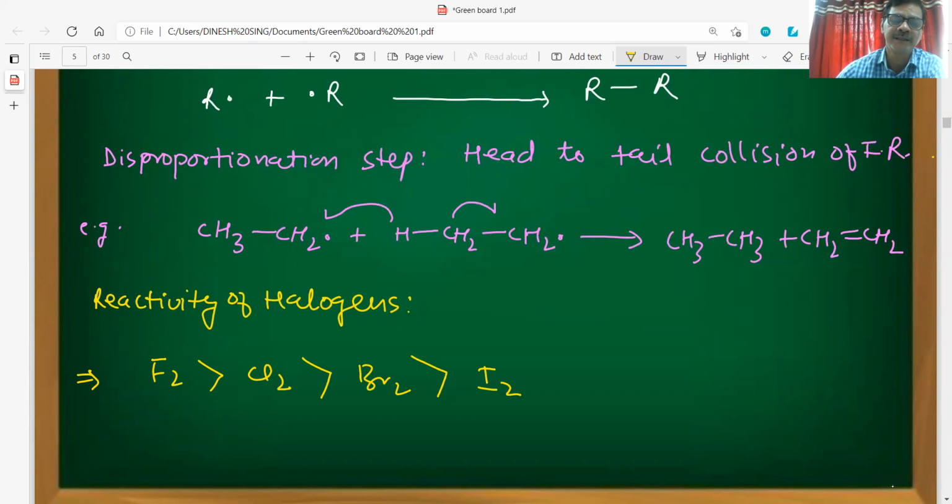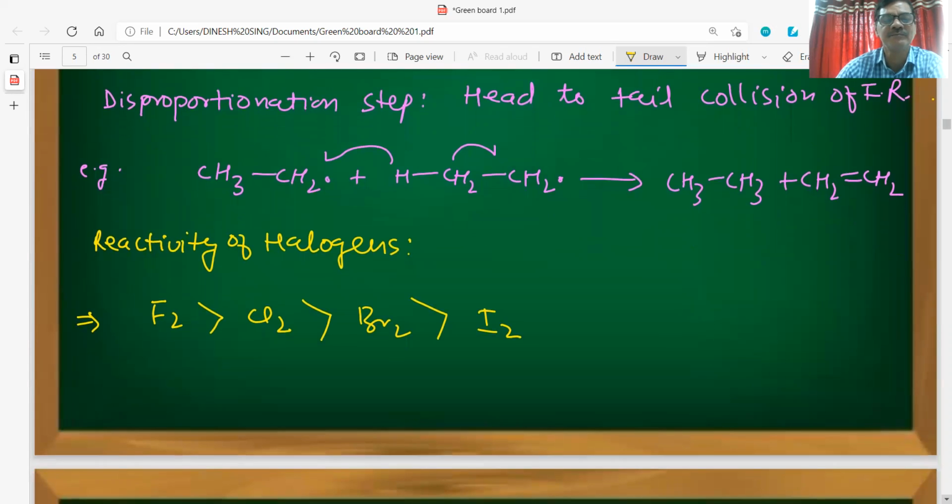If we want to prepare any alkyl iodide here, then we have to use some oxidizing agent which can oxidize HI formed in the reaction, so that the reaction will move towards the forward direction. So this is the reactivity order of halogens, because for F2 the bond energy is least due to the repulsion between lone pairs and smaller size of halogen. So this is the reactivity order.